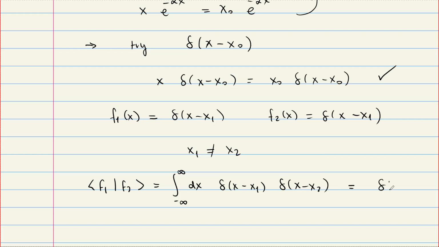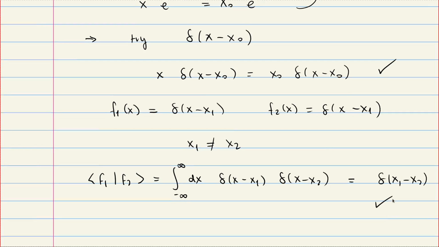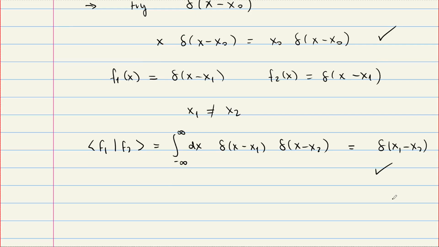And this is delta of x1 minus x2. That also works. So this is, not in the sense previously defined in the lecture, but it works in the generalized Dirac normalization sense, or generalized Dirac orthonormality. Good.